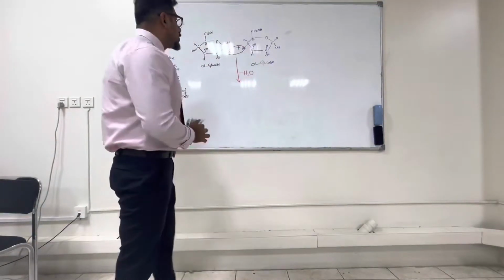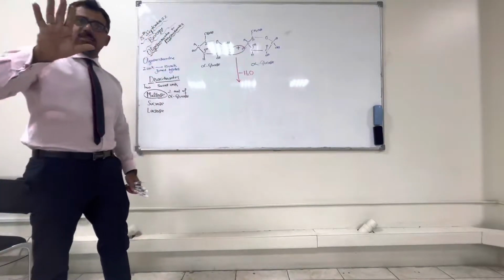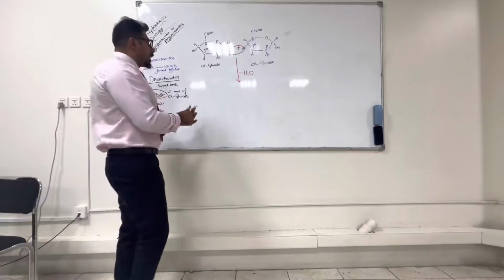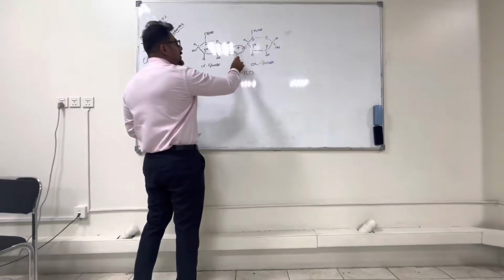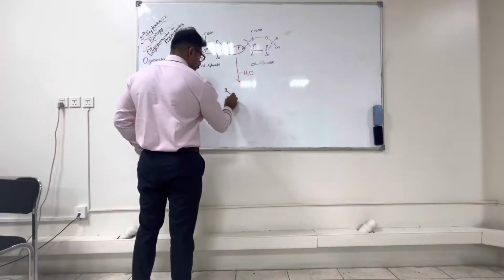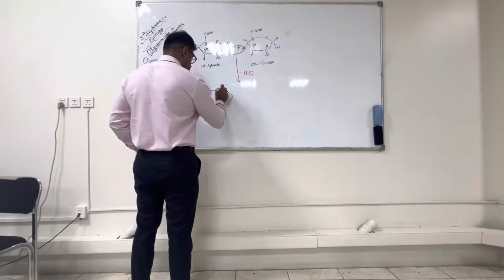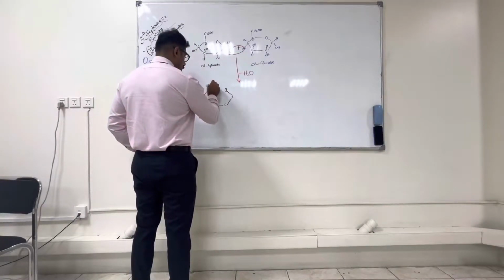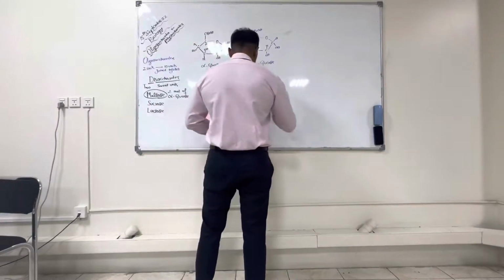Now, how I'll show this compound is very easy. First of all, you again draw both of these glucose structures, but you don't draw these things, right? Now, look here. Then I will draw this one.